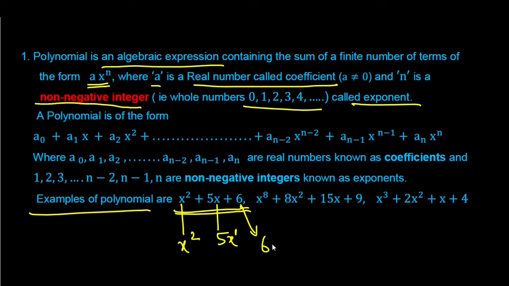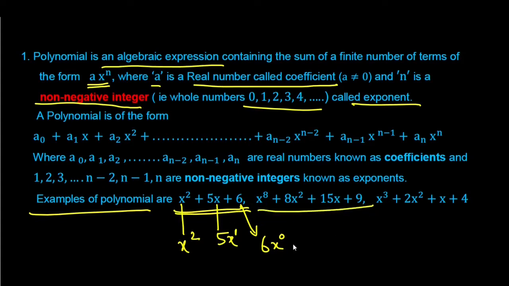Here we can consider it as 6 into x power 0. As x power 0 is 1, 6 can be written as 6 into x power 0. The exponent is 0, a whole number. In all the terms of this algebraic expression, the exponent of the variable is a whole number. So this algebraic expression is a polynomial.